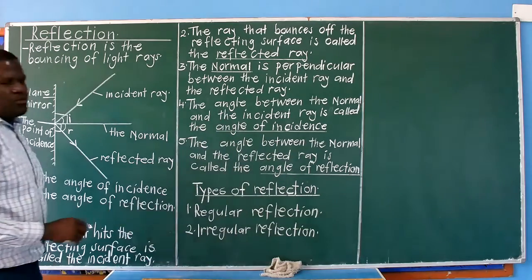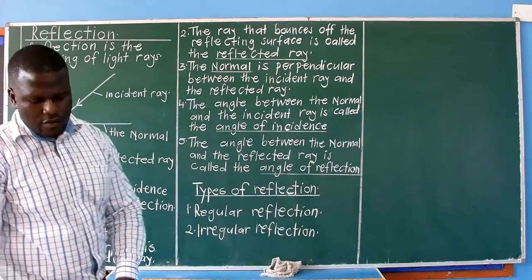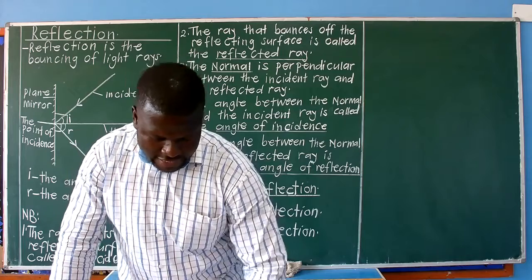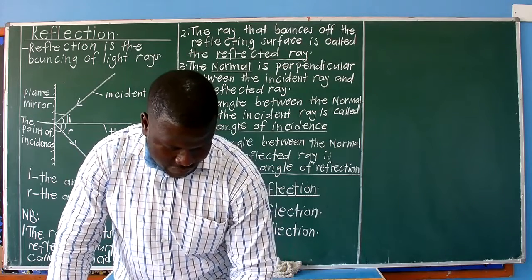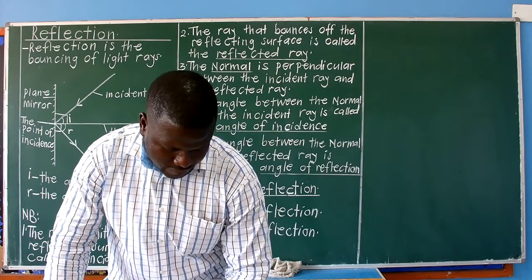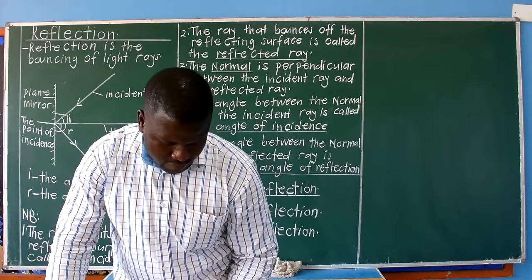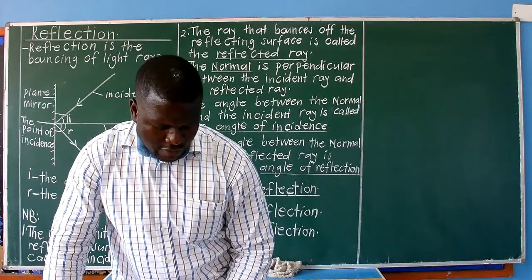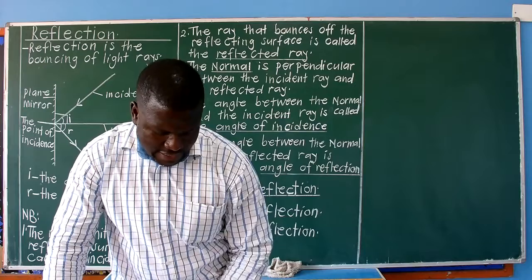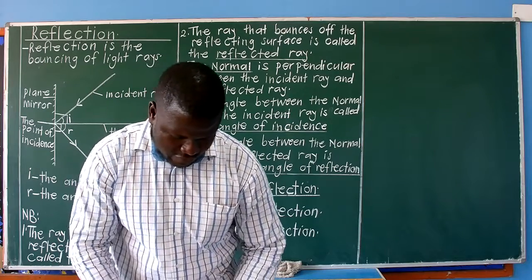These are the two types of reflection: regular reflection and irregular reflection.